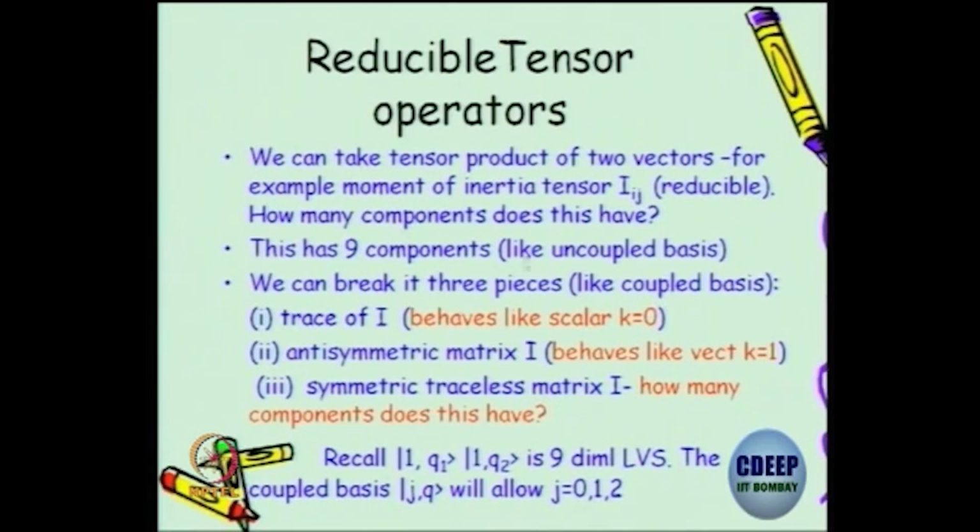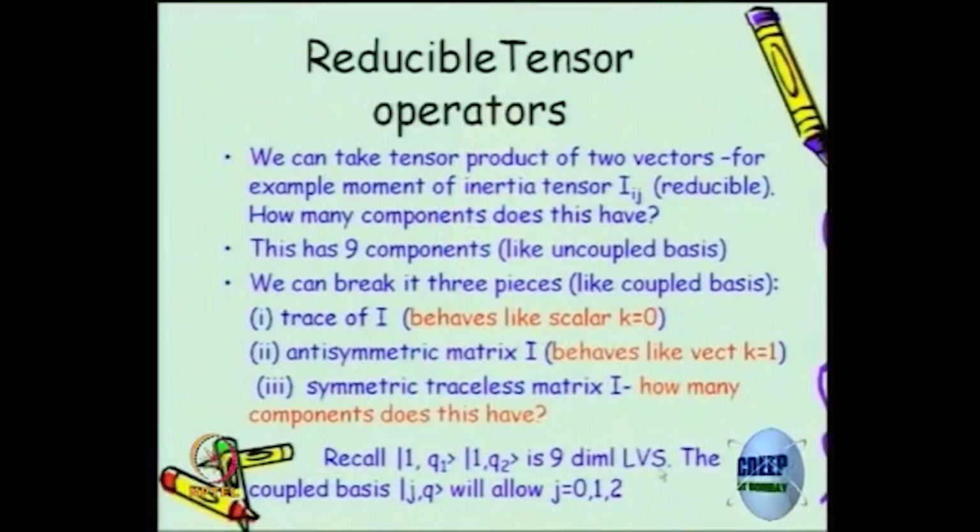Out of the 9, you already have one component here. A vector has 3. 3 plus 1 is 4. How many are left? 5. A symmetric traceless tensor will have 5 independent components. With trace it will be 6, but without trace, if you want to reduce the trace to be 0, then one more component is constrained.